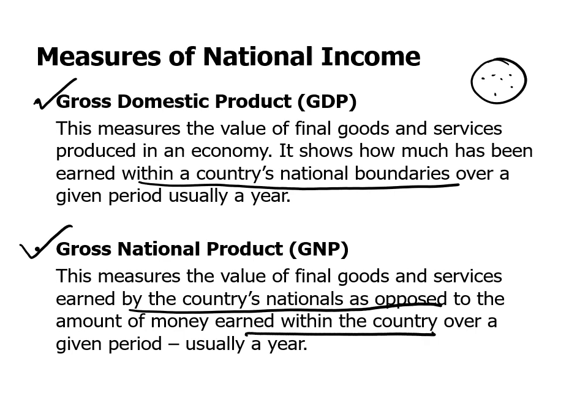So we're going to have to take into consideration what's been earned by our nationals abroad, and we're going to have to take out of our GDP what other nationals within our boundaries have earned during that same period. So we're going to take out income earned by households and firms within our boundaries, and we're going to add what's been earned by our nationals within other boundaries or other countries abroad. Okay, so that's how we measure the GDP and the GNP.